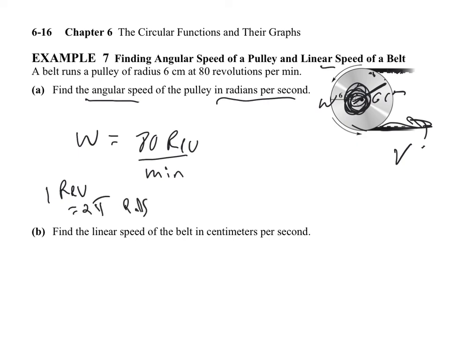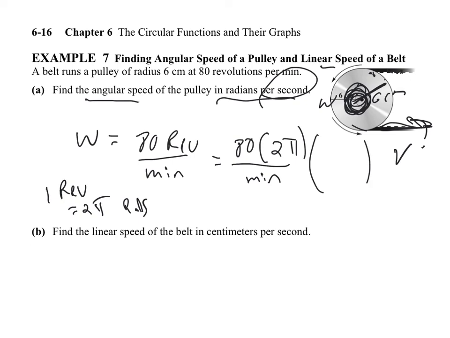Okay, so I'm going to go 80 revolutions times 2 pi per minute. Now, while I'm thinking about it, he wants it in radians per second, so I need to use dimensional analysis where I multiply by another fraction that cancels out minutes.